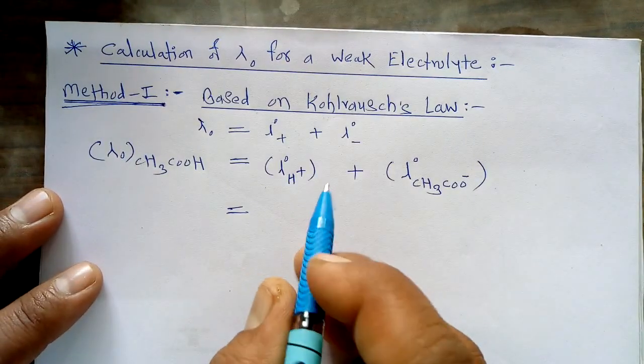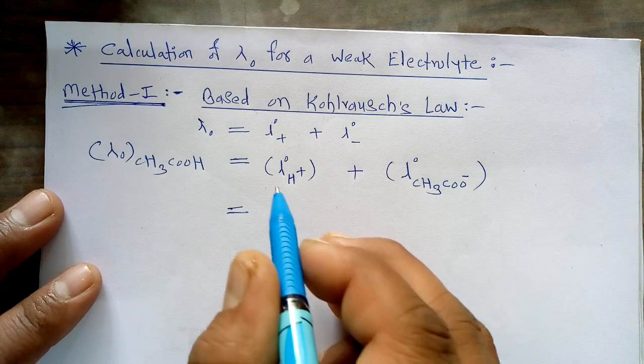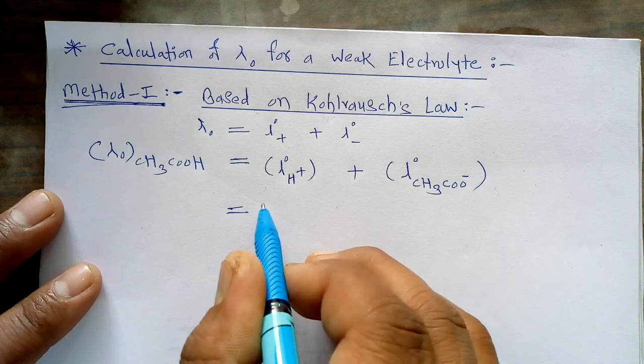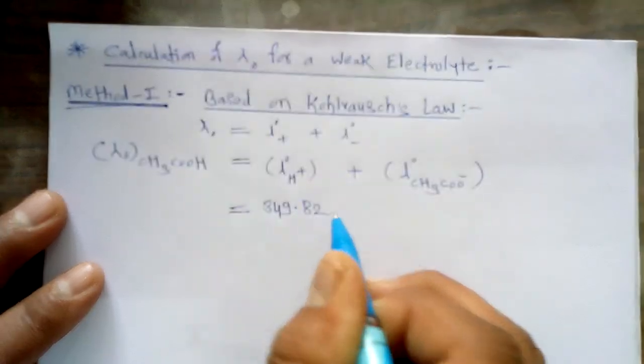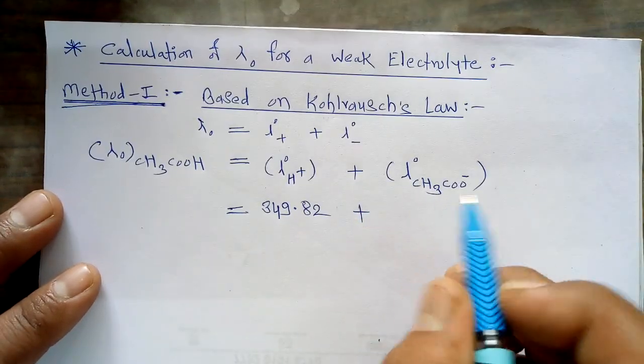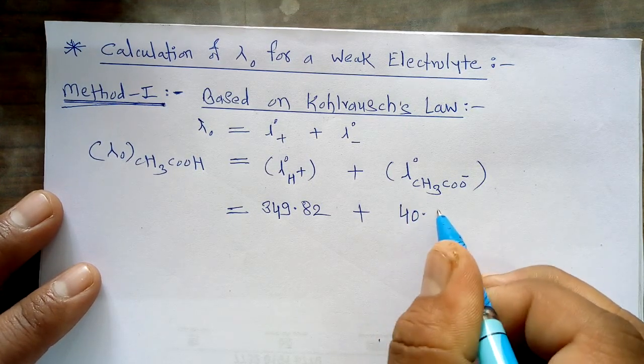So we substitute these values now. The equivalent ionic conductance of H plus is equal to 349.82 plus the equivalent ionic conductance of the acetate anion, which is equal to 40.9.